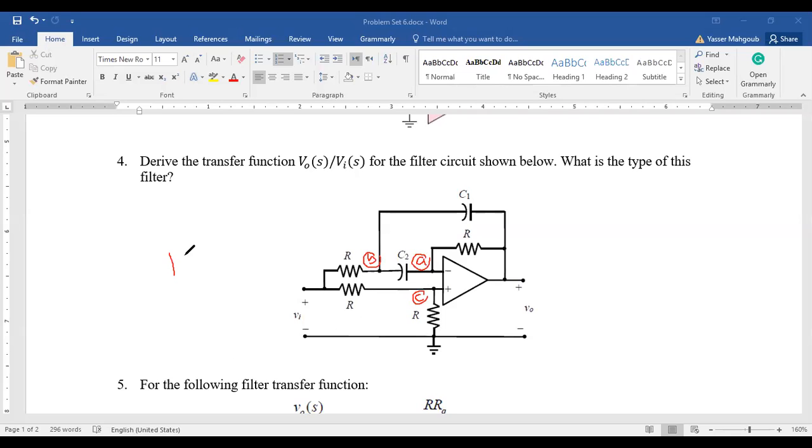And we do KCL at nodes A, B, and C. So we label the nodes with some letters, and we start doing KCL at A, B, C. Okay, so let's do this.